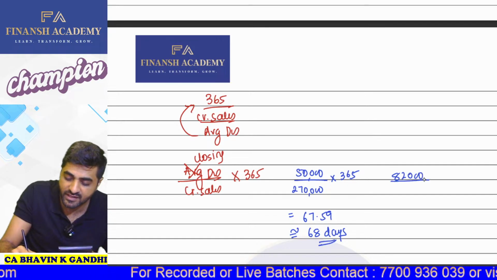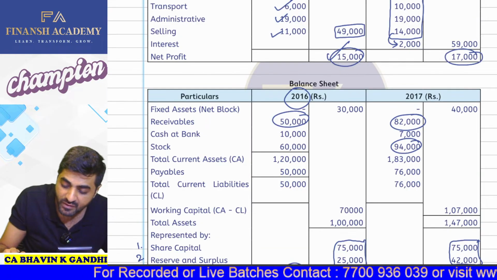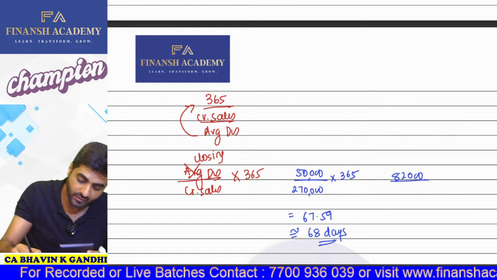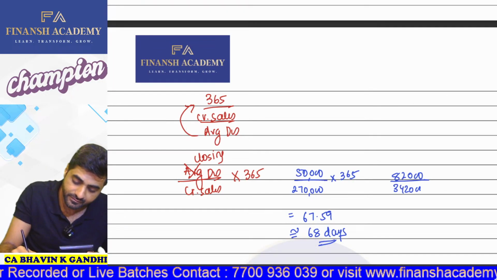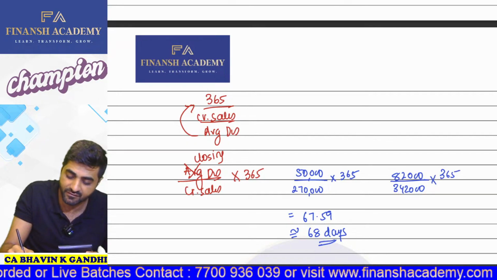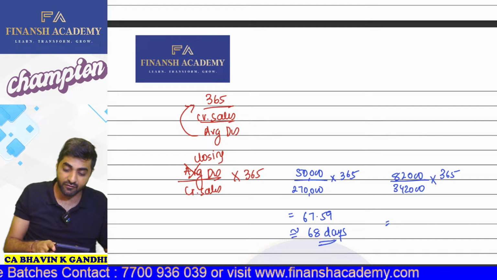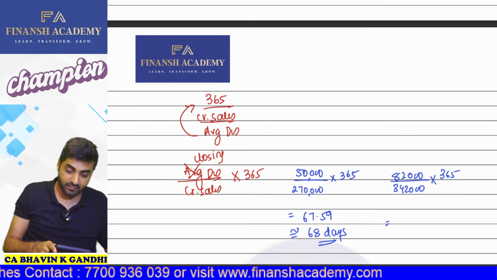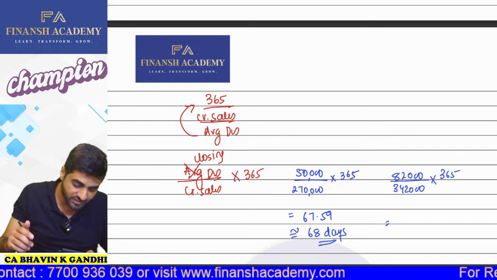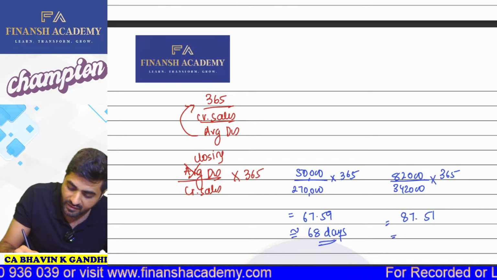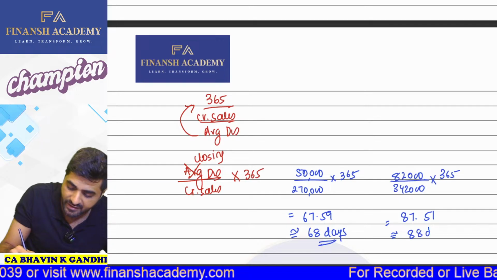And to this 82,000, I'll be dividing that by 3,42,000 multiplied by 365. So this will now be 82,000 divided by 3,42,000, multiplied by 365. So this will be nothing but 87.51, approximately 88 days.